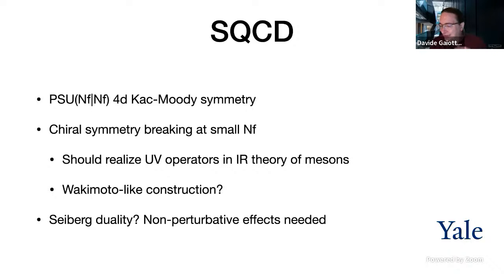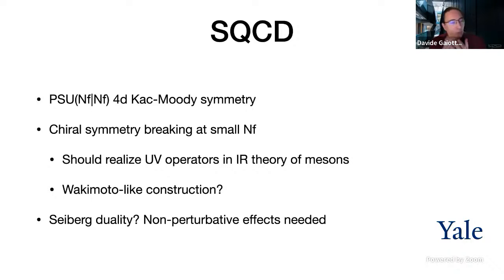I think it would be quite cool if there was some algebraic construction which has insights on the infrared destiny of the theory. I should stress that the representation theory of these algebras, the four-dimensional holomorphic factorization algebras, is very poorly studied. So there is presumably a wealth of constraints that could be derived.